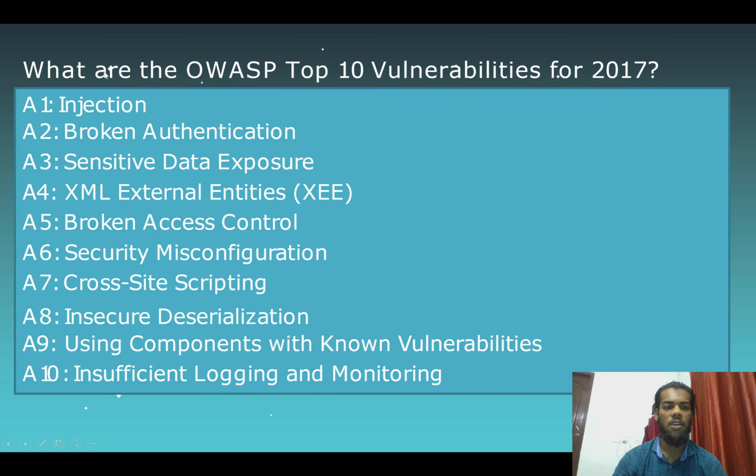Here are the OWASP top 10 vulnerabilities for 2017. We have A1 as injection, A2 as broken authentication, A3 as sensitive data exposure, A4 as XML external entities, A5 as broken access control, A6 as security misconfiguration, and A7 as cross-site scripting.